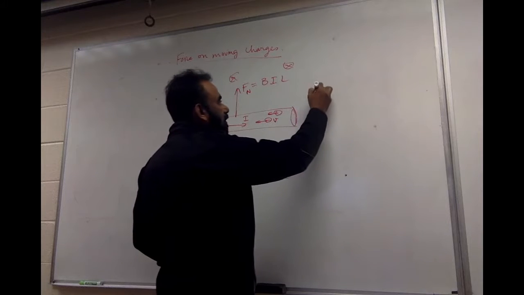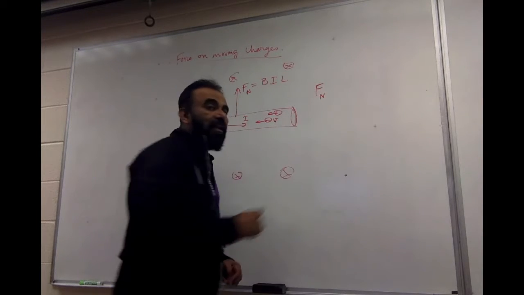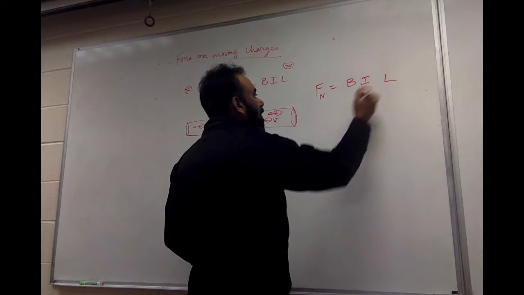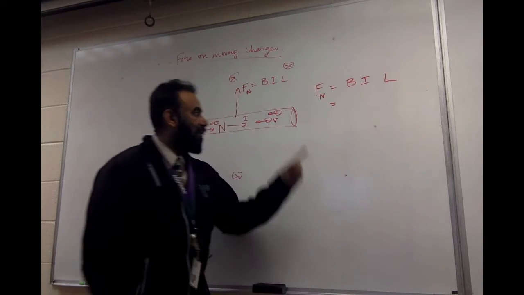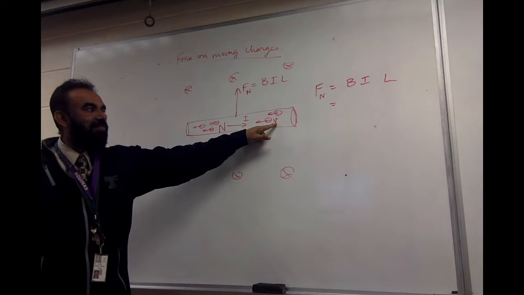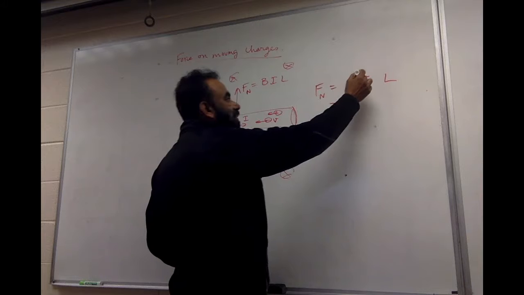So, on N electrons, the force is BIL. Now, what is I in terms of v? This is called the drift current.